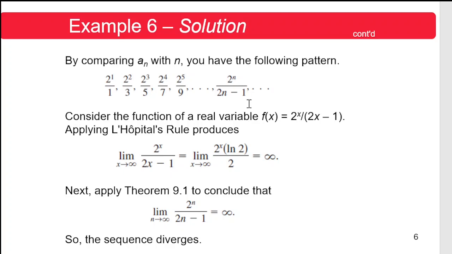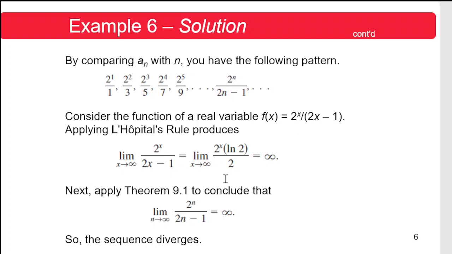And then after that, we can write the nth term as a function of a real variable denoted by f of x, which is 2 to the x over 2x minus 1. If you can recall Theorem 9.1, we have to evaluate the limit of this function.